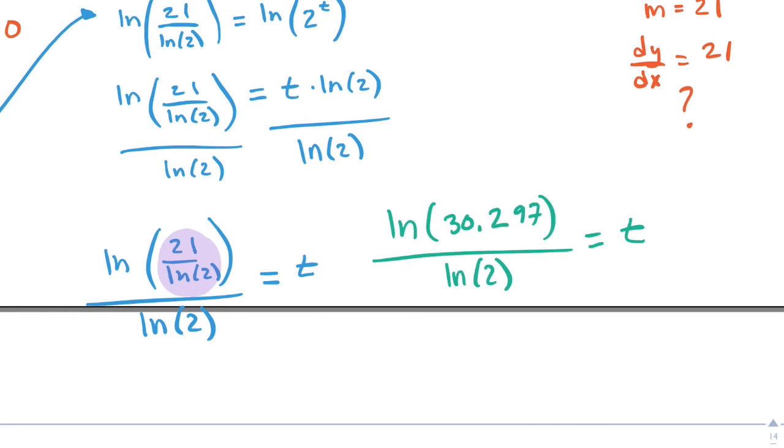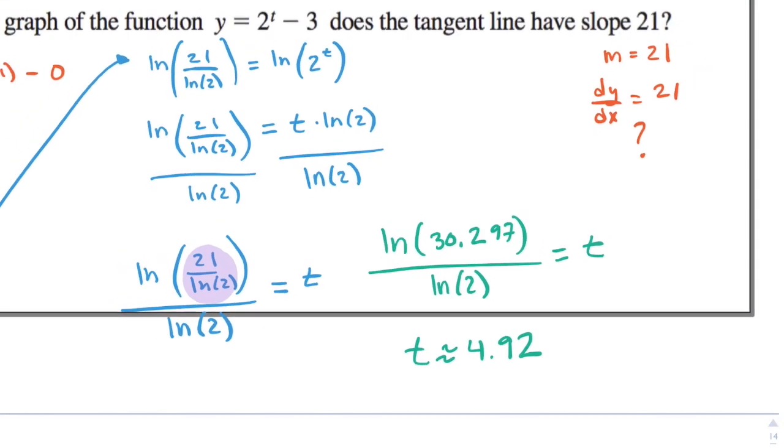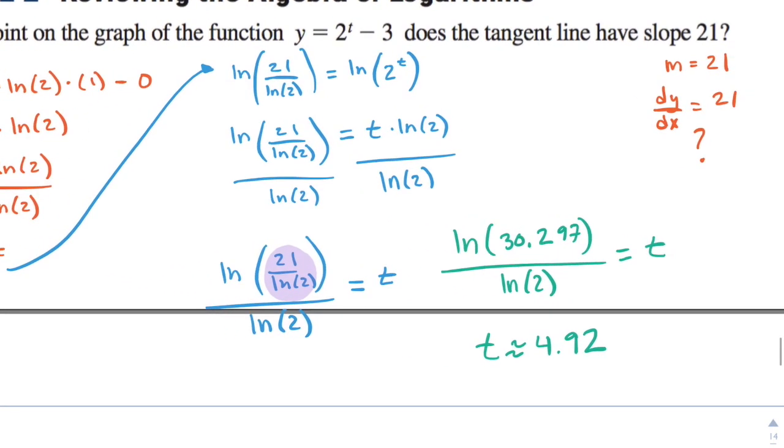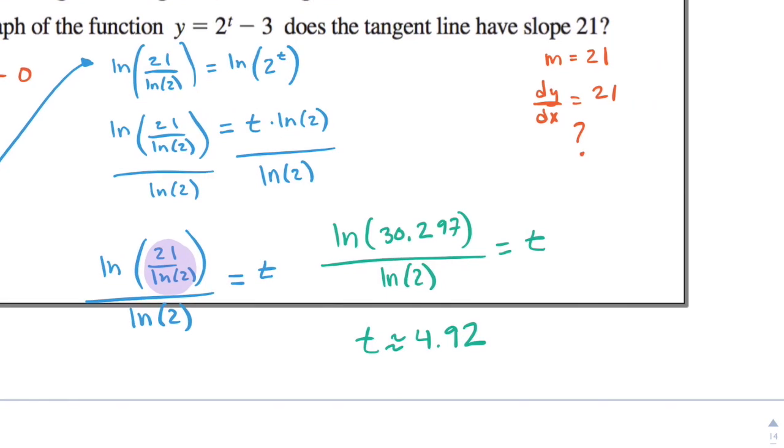Now I'm going to divide that final answer by the ln of 2. And I get a result of t approximately equals 4.92. So that's the location where the tangent line has a slope of 21.